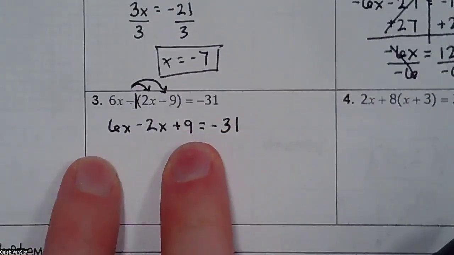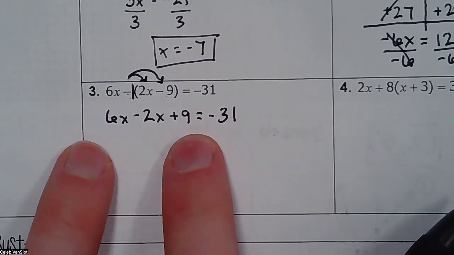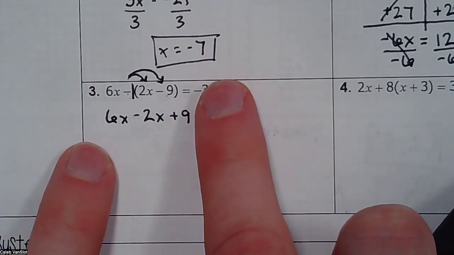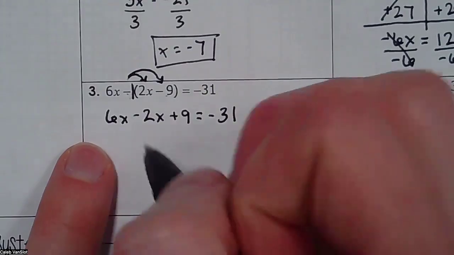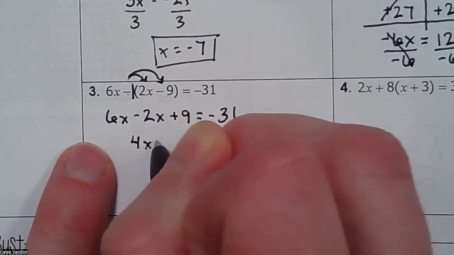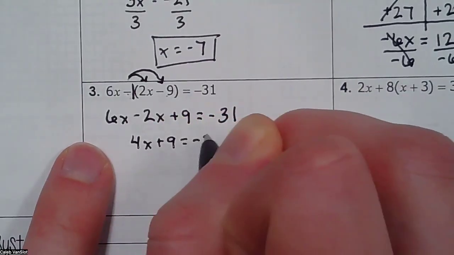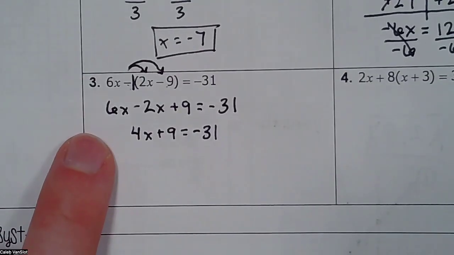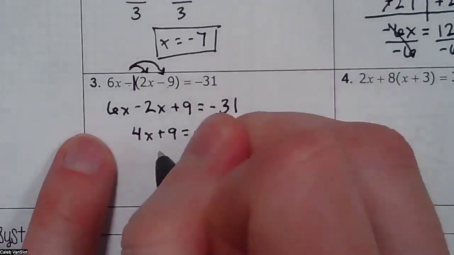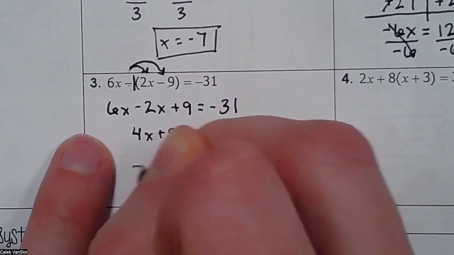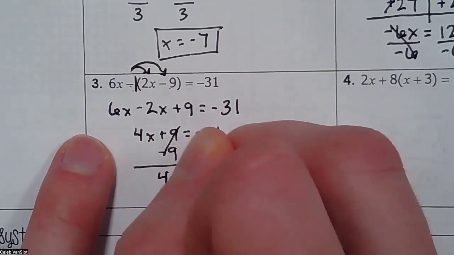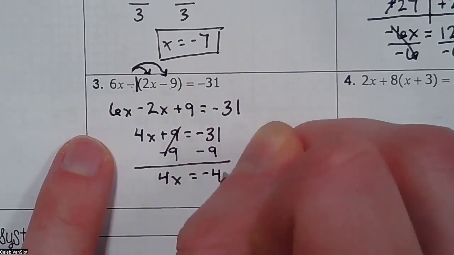Okay. All right. At this point, does everybody see how we can combine like terms here? We have 6x minus 2x. What does that give me? 4x plus 9 equals -31. And now we've got a problem just like the other two. Subtract 9 from both sides. That gives me -40.